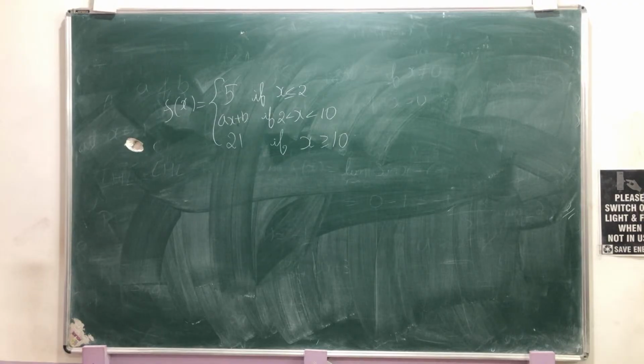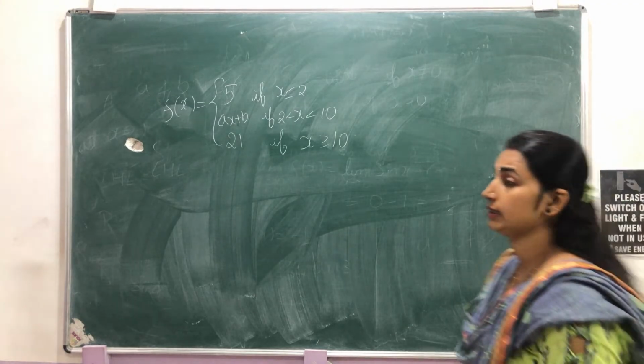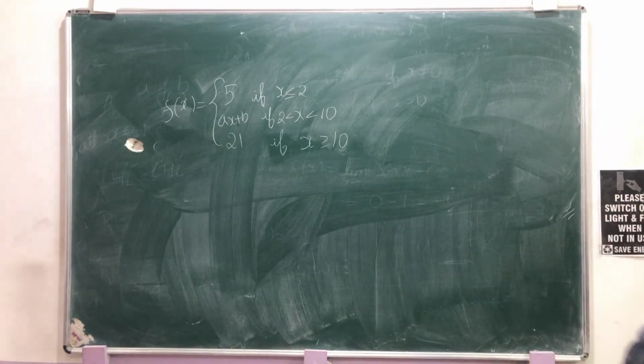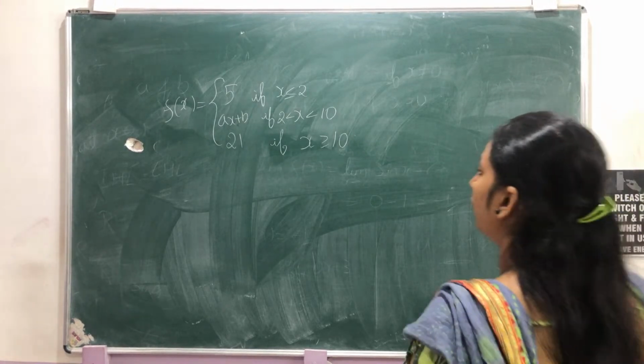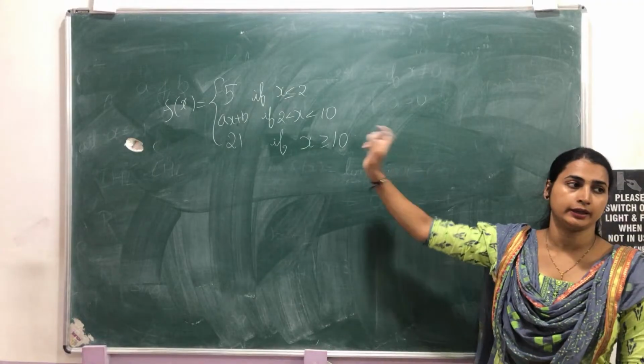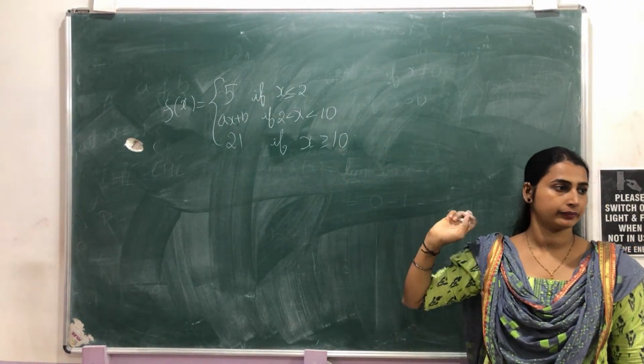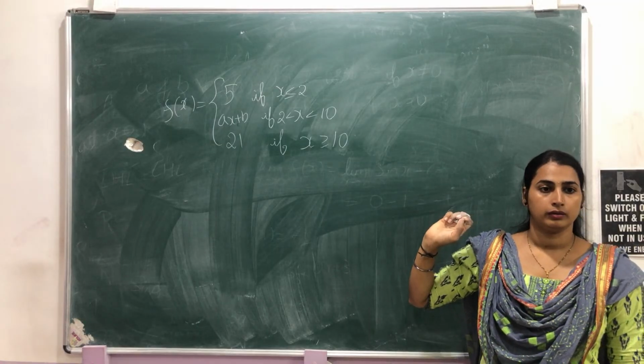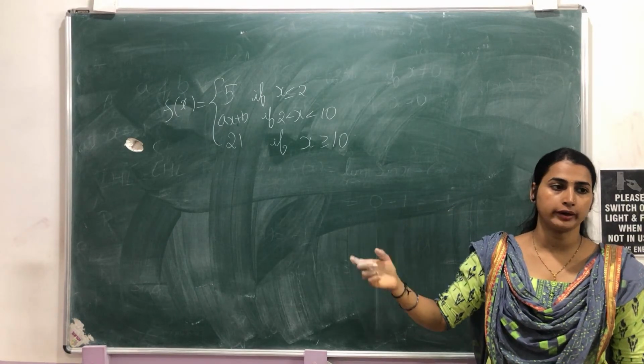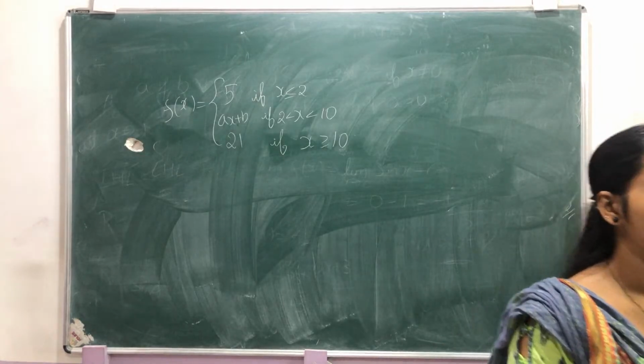That means in the question they have given that it is continuous, and you are going to find the values of a and b. Continuous means, you know, left hand limit equal to right hand limit.